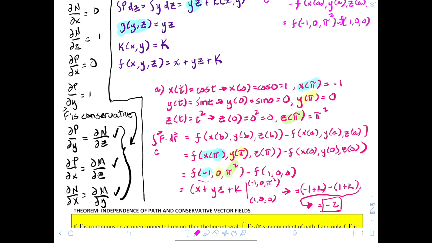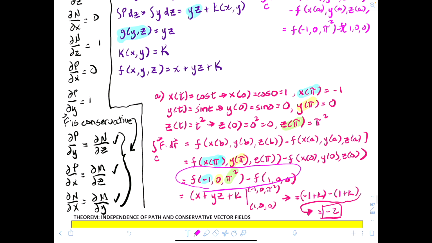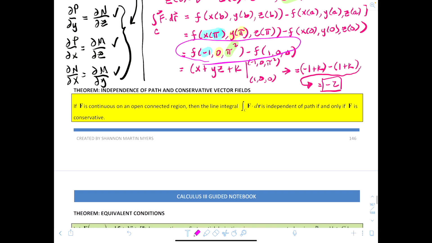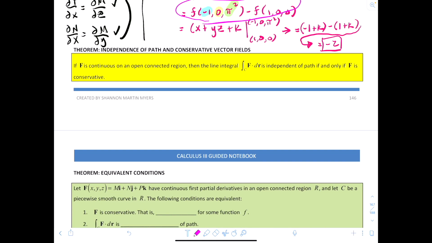This is where we were here, right? So we're clearly going to end up getting the same thing, so that's going to end up being negative 2. Cool, cool?